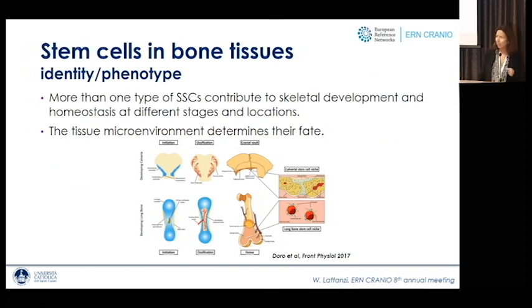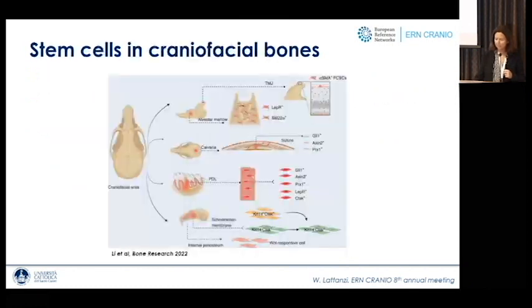Indeed, we have different somatic stem cells residing in the skull, which is formed through direct membranous ossification, and in long bones, which come from endochondral ossification. In particular, by lineage tracing, they have been able to localize quite clearly all the different locations of stem cells in our skull, in our entire craniofacial skeleton.